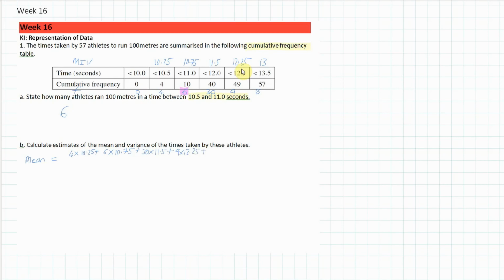So we're just getting the sum of the data here, or an estimated sum of the data, plus 8 times 13. And we'll divide that by the frequency.